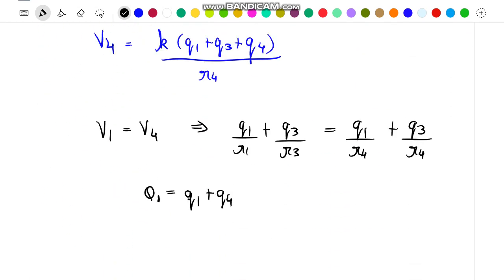So Q1 plus Q4 will be equal to the final charges on spheres 1 and 4.